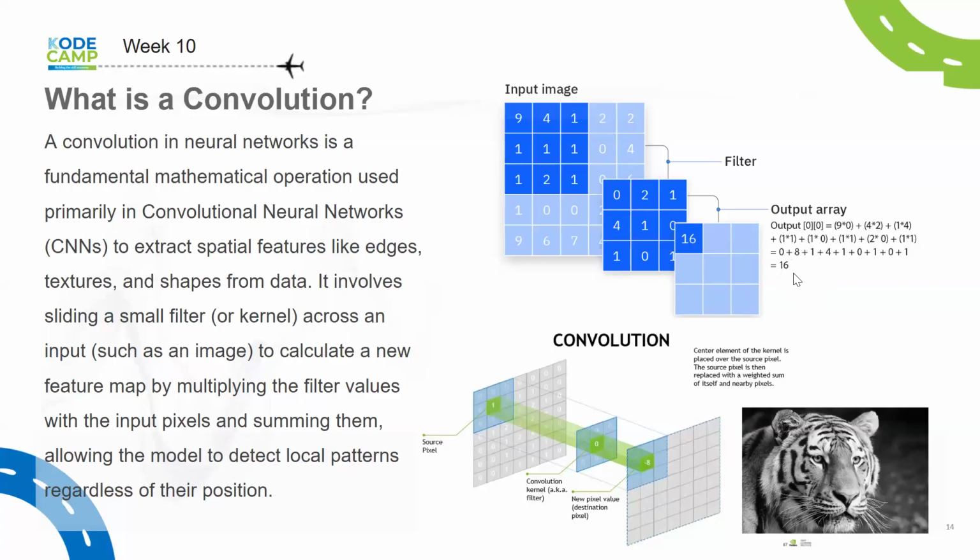You do the product of the individual elements and then you do the sum. You can think of it as almost a dot product, except that it's easier to think of convolution as an element-wise product followed by a sum, but it's the same thing. When you add it up, the total is 16, and that total is the value in this output array. This is simply what convolution is.